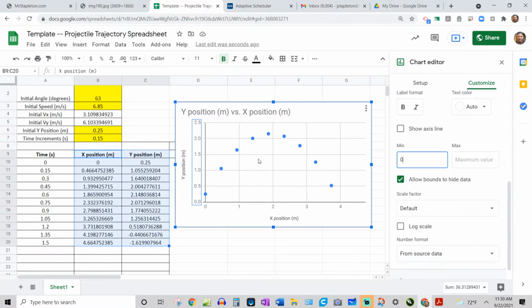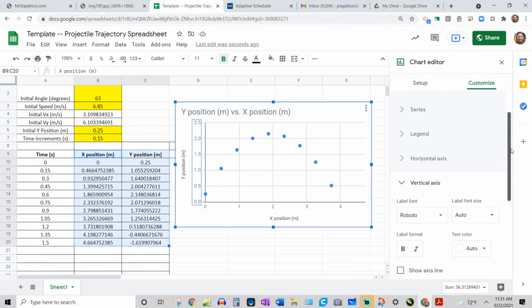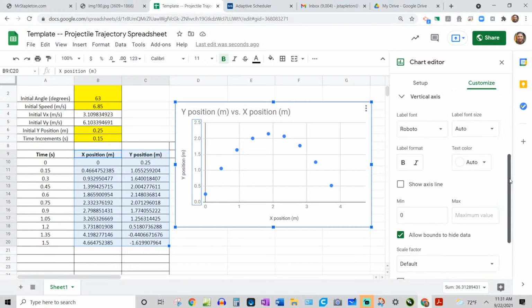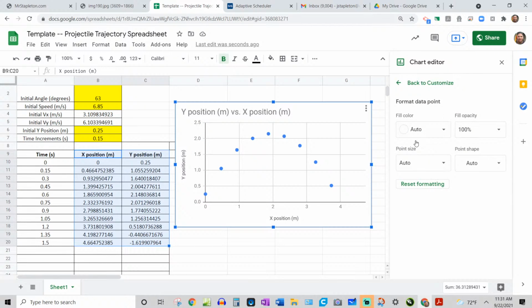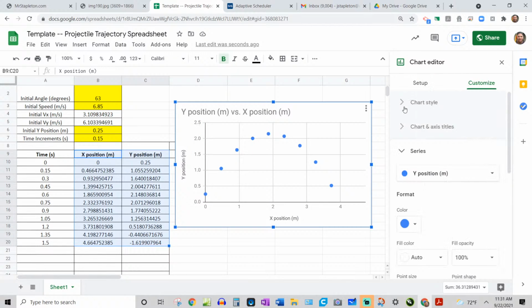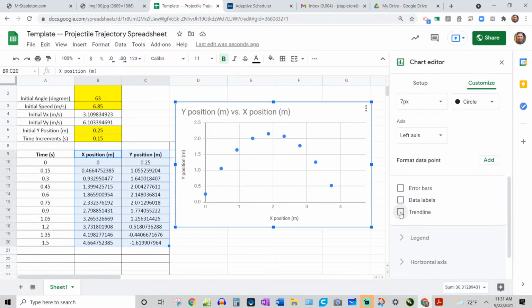Now, the dots are suboptimal. I want you to have a trend line for this. Can you double click the dots to get there? You may be able to, but where I want to go is series. Let me see if I double click the dots. Ah, takes me into series. So in series, the Y position here, I want to do trend line.